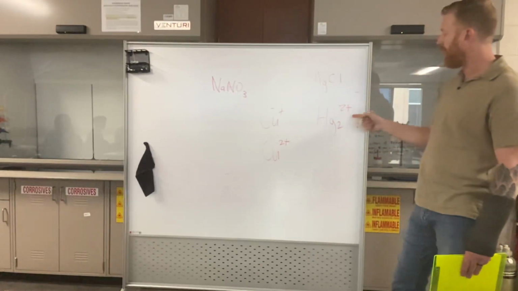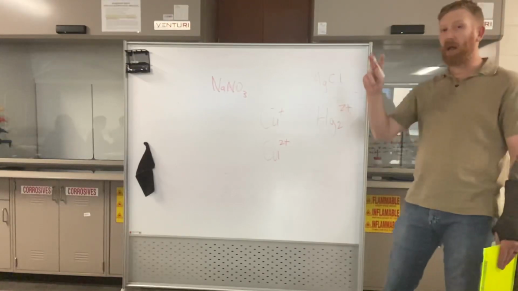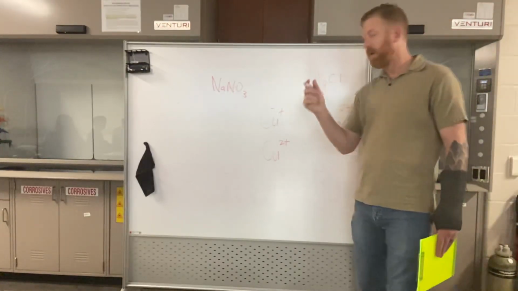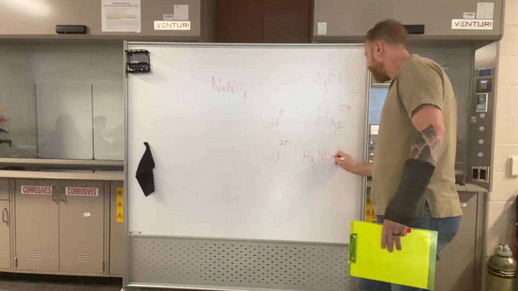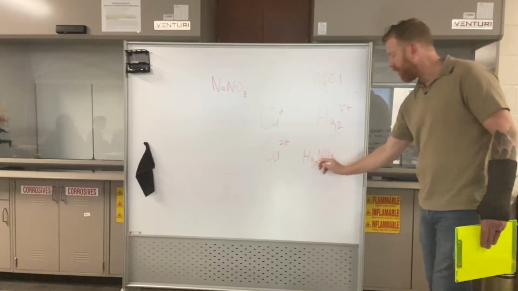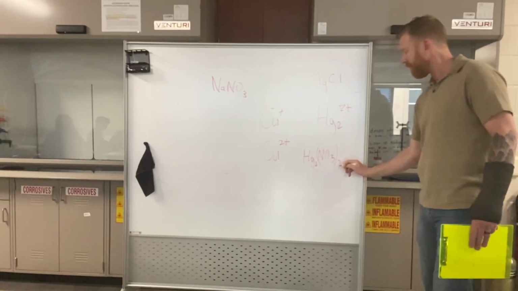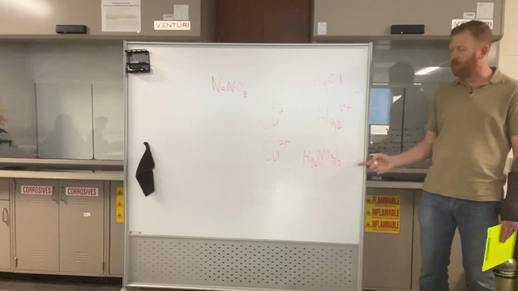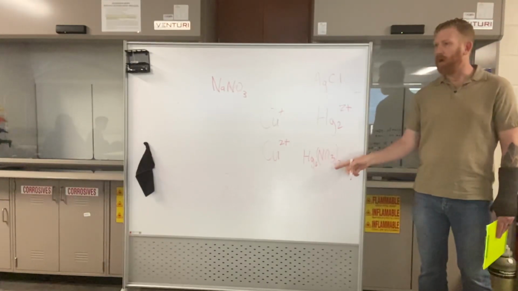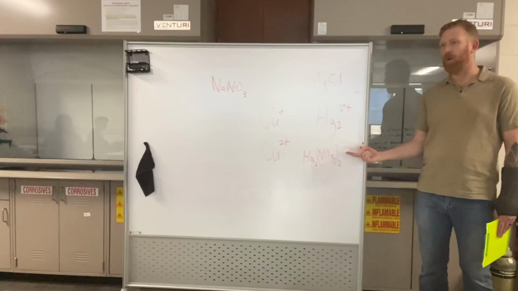So if I was to write out mercury 1 nitrate, it wouldn't be mercury nitrate. It would be Hg2(NO3)2, like that. And this also is the only time there's an exception in reducing a molecular formula to an empirical formula.